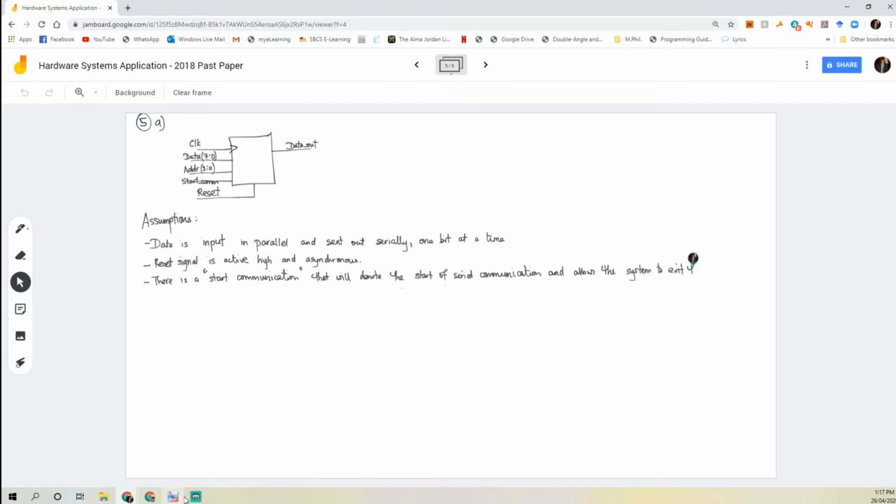And we'll see how that works when we start implementation and when we're looking at the finite state machine diagram.